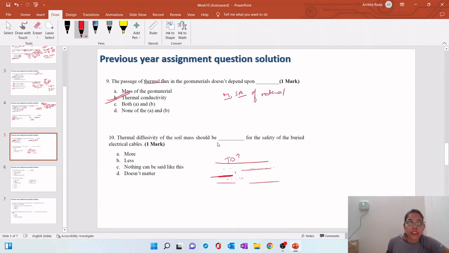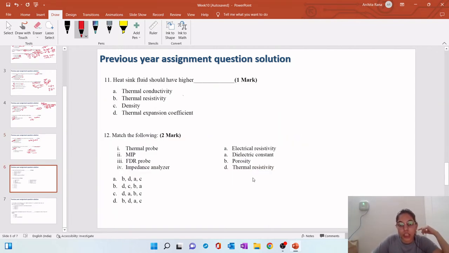Hence, this thermal diffusivity should be more, so that the buried electrical cables are safe, because high diffusivity means there is a transmittance of the heat throughout the media, and hence avoids the breakdown of the cable.